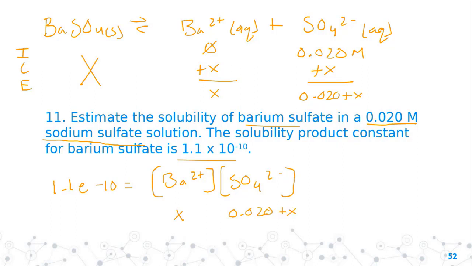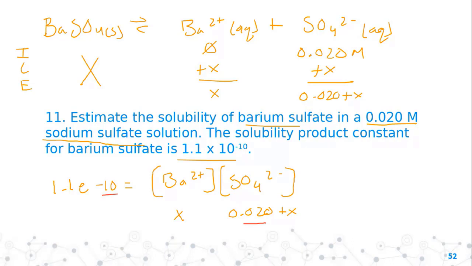Now we think to ourselves, can I do the small x approximation? Let's compare the K value with our molarity. Our K value is times 10 to the negative 10, and here, if you move the decimal place over 2 times, we're basically at times 10 to the negative 2 power.